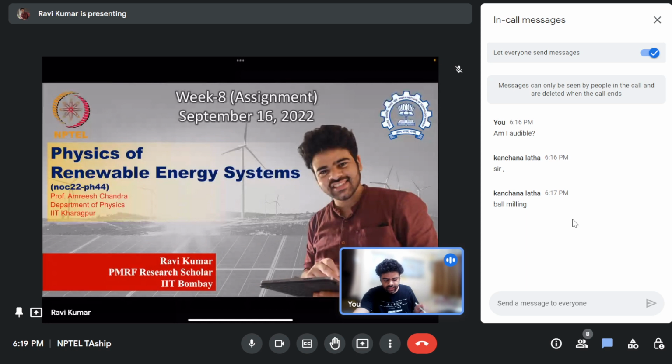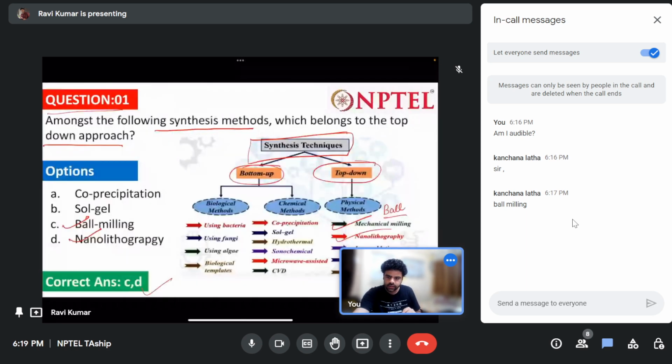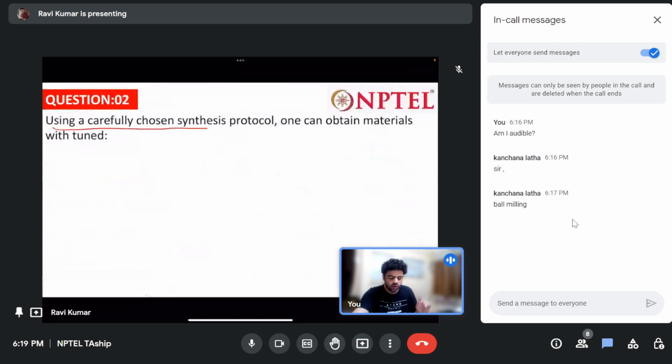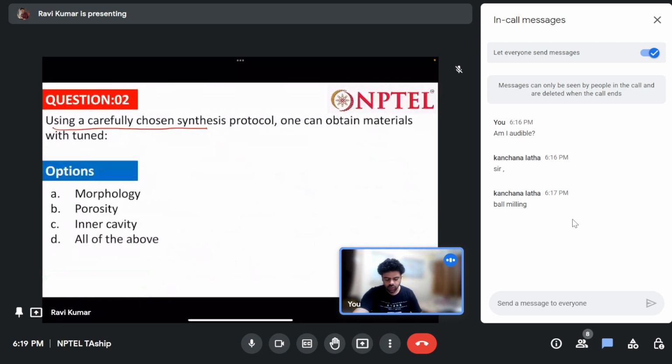So let's move to the next question. It says, using a carefully chosen synthesis protocol, one can obtain materials with tuned... These are the options. It means if we are using any synthesis protocol carefully, then which properties of the material can we change, or which desired change in the material property can we get?